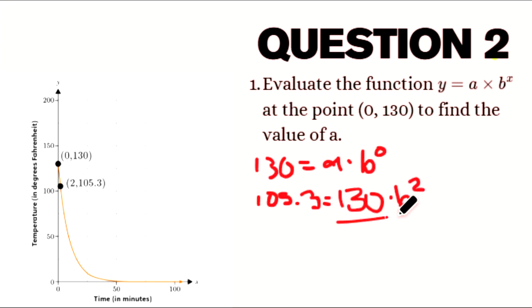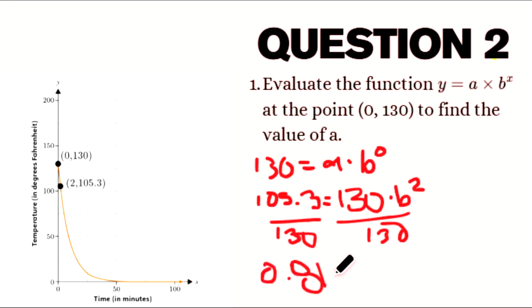Okay, so let's divide by 130 and divide by 130. Calculator time. 105.3 divided by 130 is giving us 0.81. 0.81 is equal to b squared.